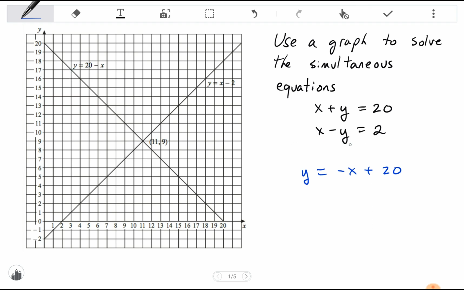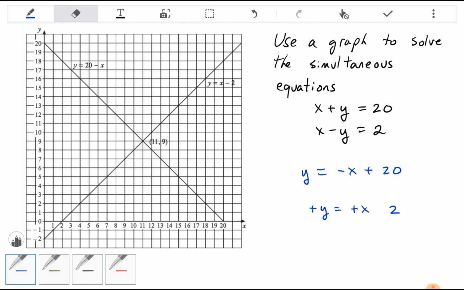This equation will take a little more work to rearrange, so what we'll do is move the x over, so we'll have negative y equals negative x plus 2, and then multiply each side by negative 1. So if we do that, this becomes positive, and this value here becomes negative.